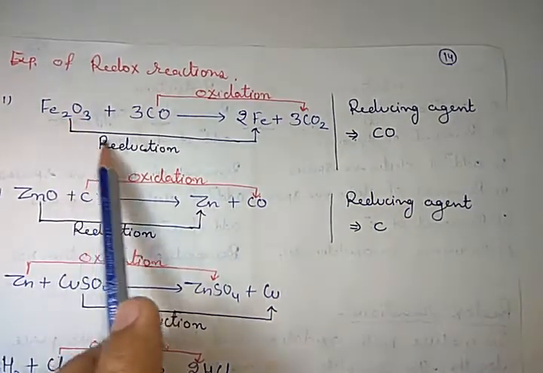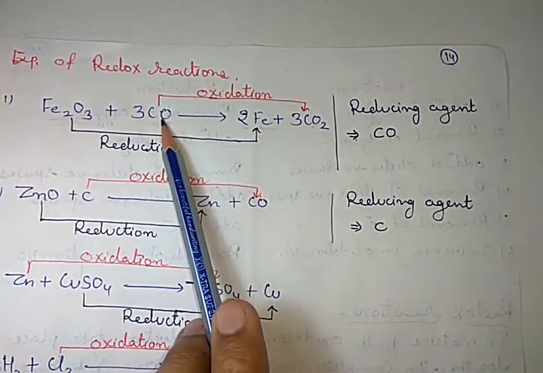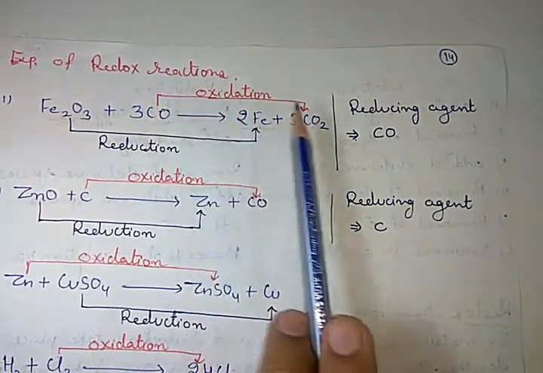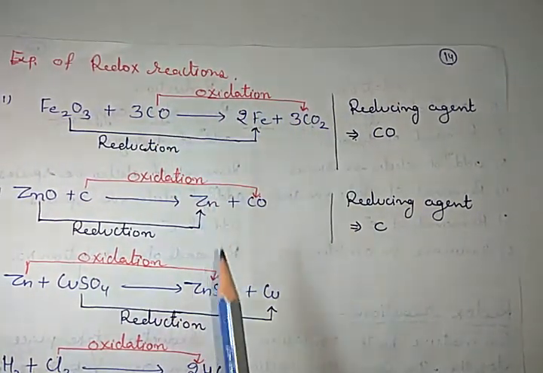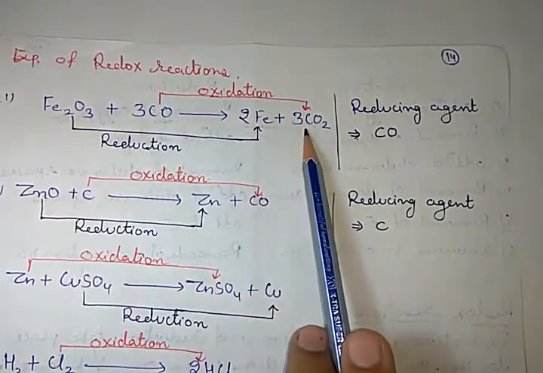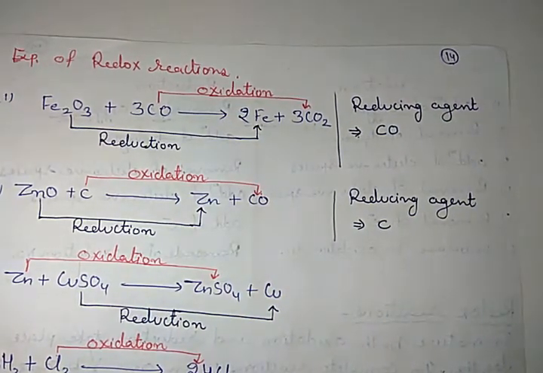So that is reduction. Similarly here carbon monoxide and here carbon dioxide. To convert carbon monoxide to carbon dioxide, it has to receive oxygen. That means there is addition of oxygen, and you know that addition of oxygen is known as oxidation.